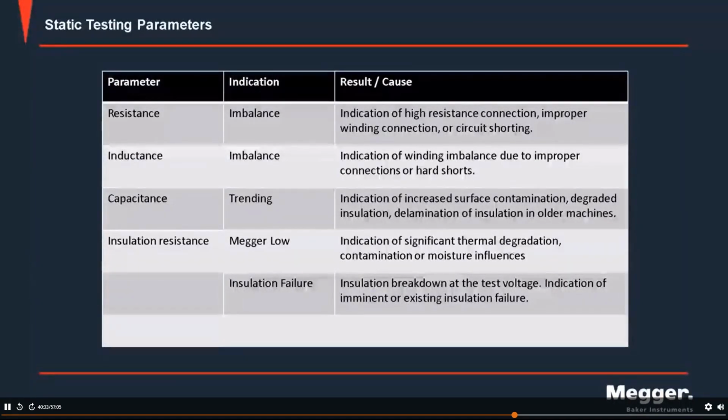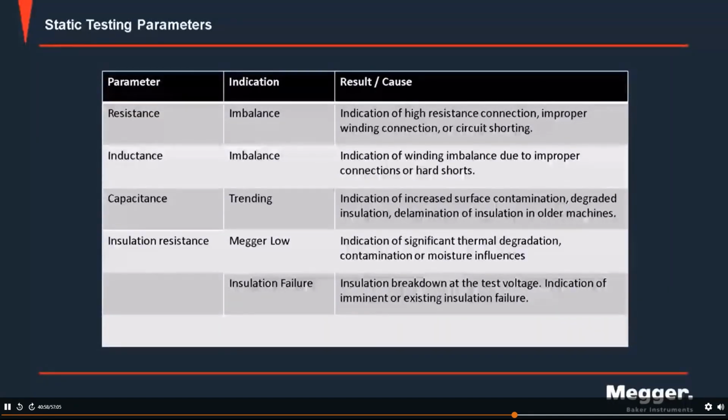So resistance, inductance, capacitance. These are, again, low voltage tests that allow us to evaluate the circuit characteristics, part of which, capacitance and inductance to some extent, is defined by the insulation. But again, those are low voltage tests where we're not really stressing the winding anyway.